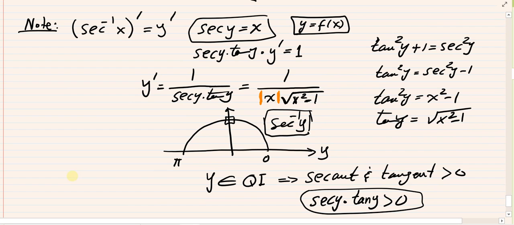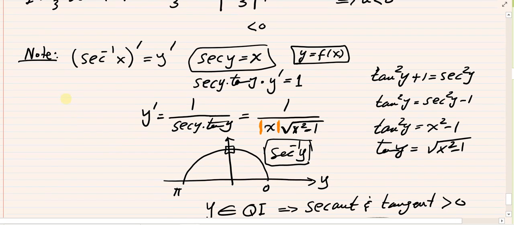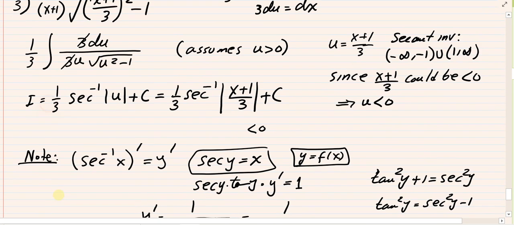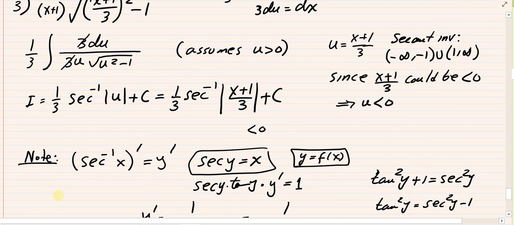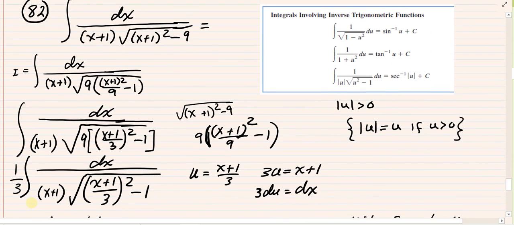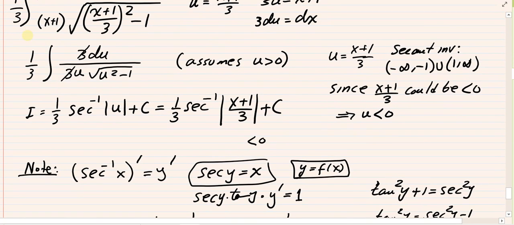It's for that reason that there is an absolute value in front of the denominator for the derivative of secant. Anyway, that was a long explanation of why I needed absolute value on this one, because we're missing the absolute value in the original expression, which I didn't have.